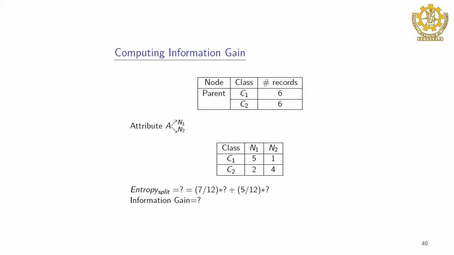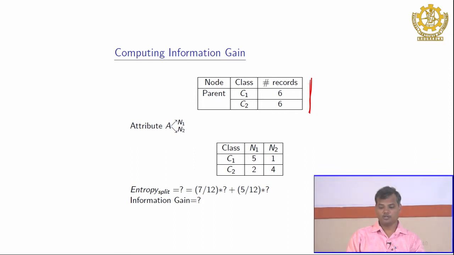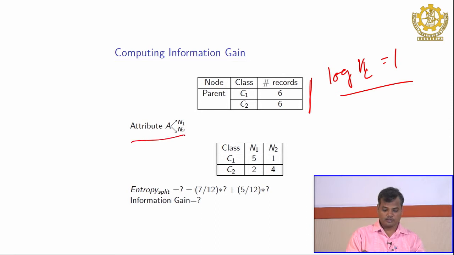Now, one example. What will be the entropy for this case? All are equally probable, so it will be log NC, which is 1. Now, if you use attribute A, what will be the entropy after split?